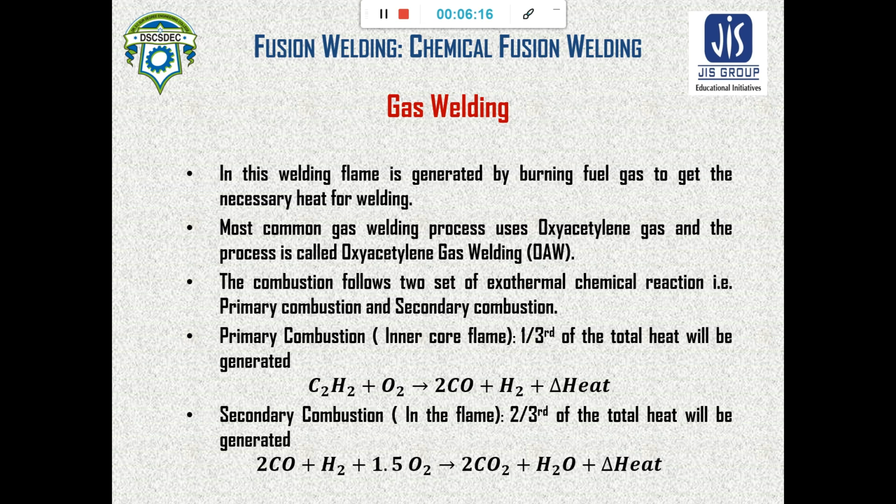In primary combustion, the inner core of the flame gives the primary combustion reaction, and 1/3 of the total heat is generated by it. The reaction for primary combustion is C2H2 plus O2, burning in the presence of oxygen, which gives 2CO plus H2 and a lot of heat.